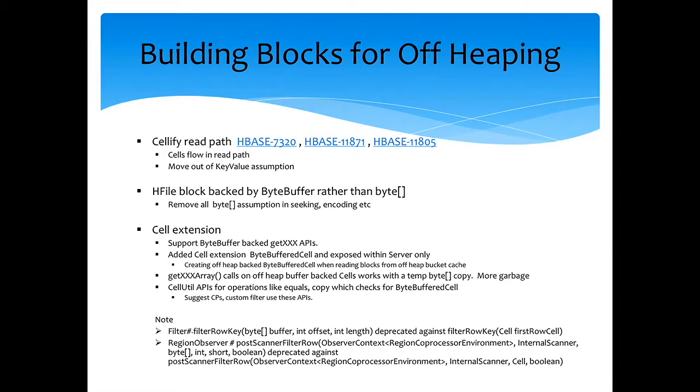So we got rid of that by deprecating it and adding a new API which passes cells instead. Our advice when people are moving to 2.0 is that please do not use the deprecated API. Please move to the new APIs.